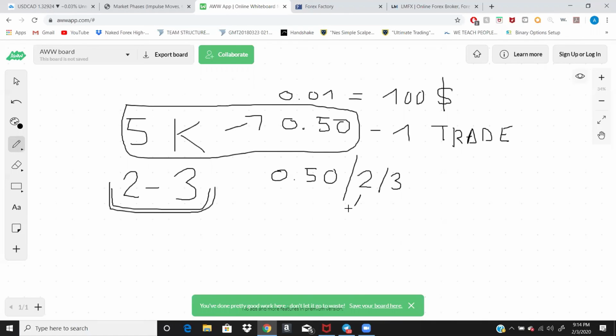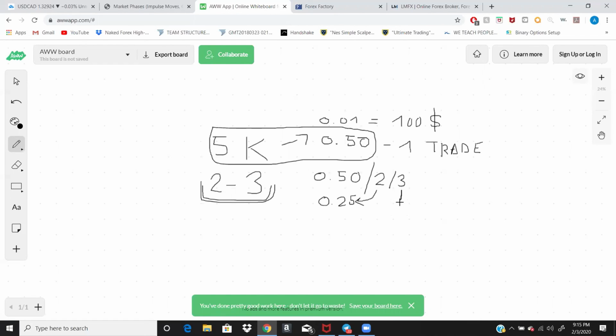If you take 2 trades, you should be using 0.25 on each of those entries. If you are planning to open 3 trades, then 0.50 divided by 3 is roughly 0.17, or $1.70 per pip. If you follow this, this is proper risk management.